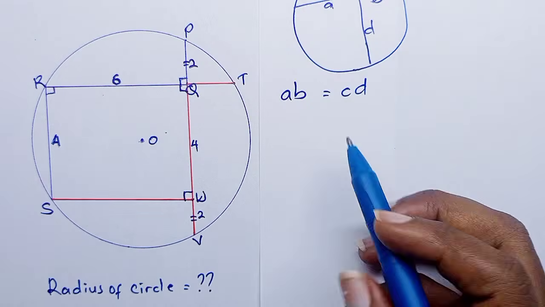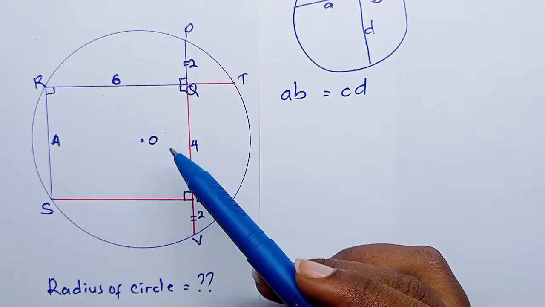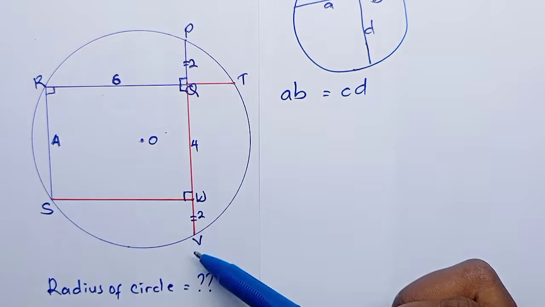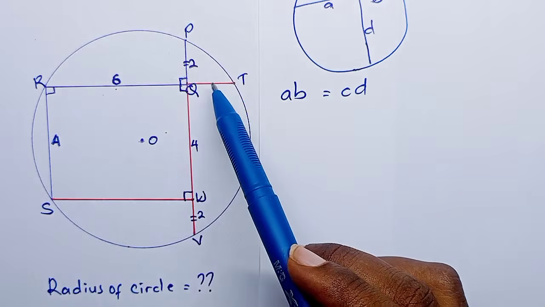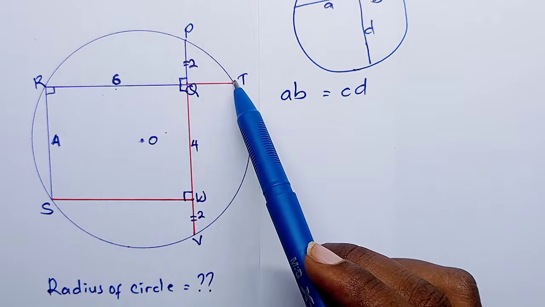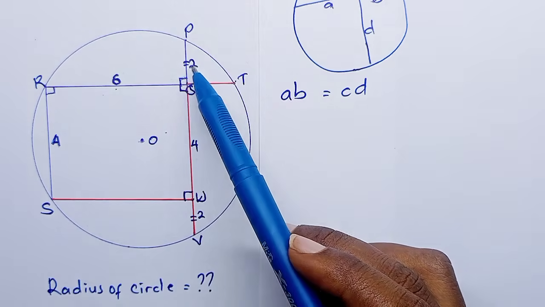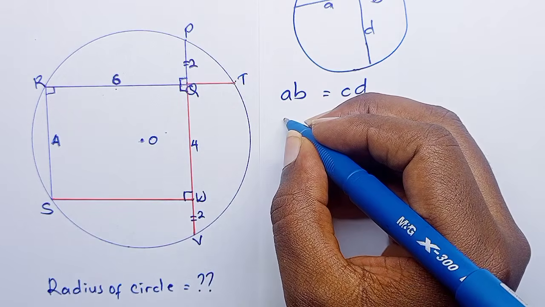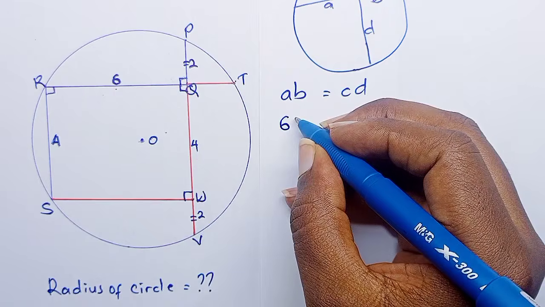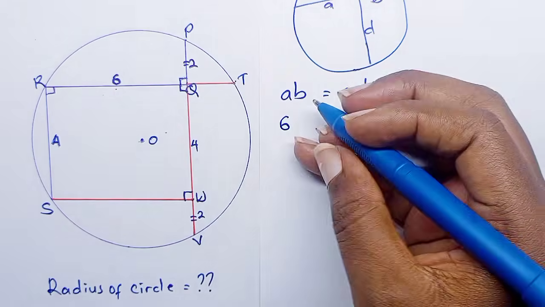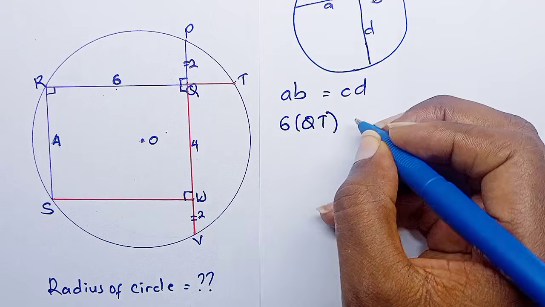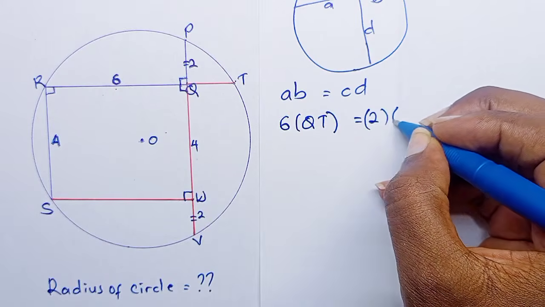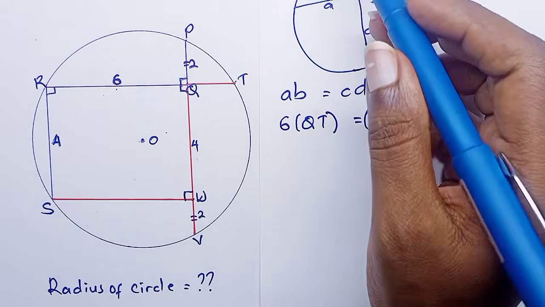Okay? So now going back to our diagram, we consider RT as this line and PV as this line. So this is A, and then QT is B, then PQ is C, and QV is D. So our A is 6, our B we do not know, so we leave it as QT, our C is 2, and our D is 4 plus 2, which we've got as 6.